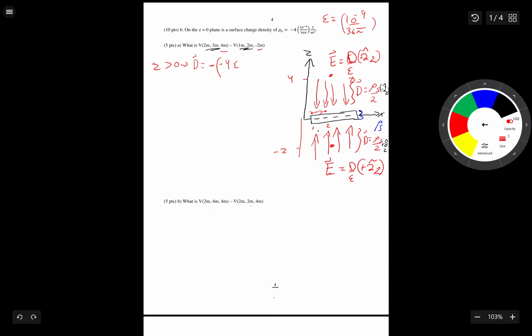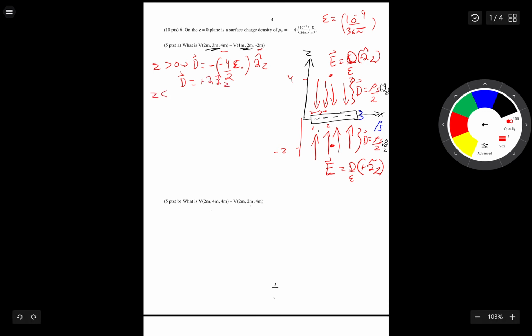So we have -4 epsilon in the a_z direction. Our flux density is going to be those divided by 2, so it's just going to be -2 in the a_z direction.